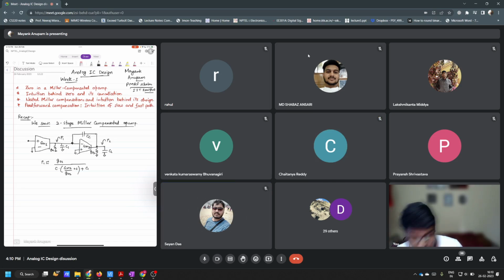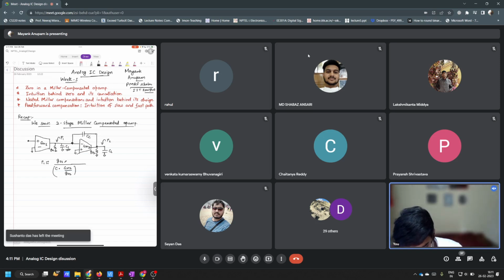Correct. For all practical purposes, C1 is much less compared to the other term, so we can ignore this. Moreover, GM2 by GO2 will also be much greater than 1, so we can ignore that too. So this is approximately the pole location.